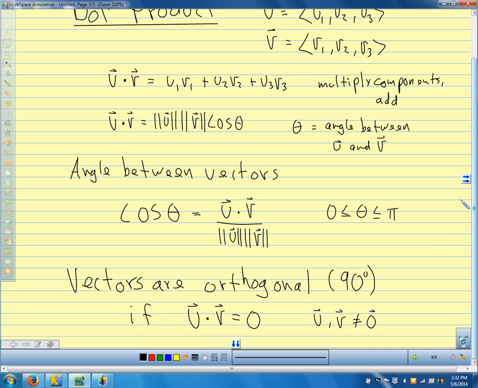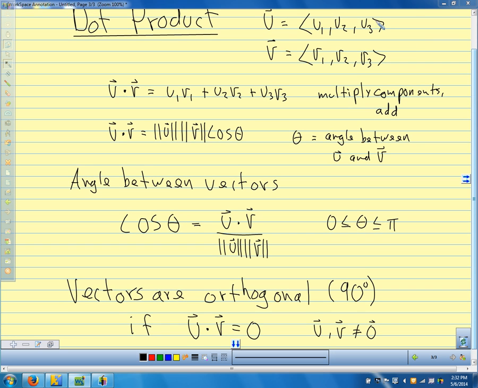All right, so let's take a look at a couple of examples using a couple of these ideas. Nothing that we didn't do in Chapter 6, nothing that we haven't worked with before. The only difference here is that we're adding this third component to our vectors.